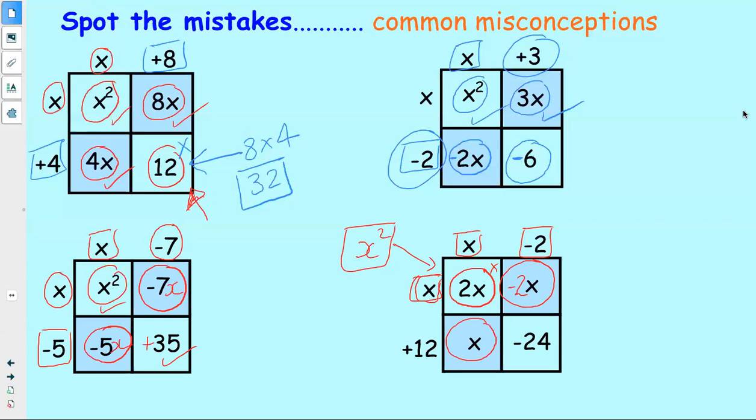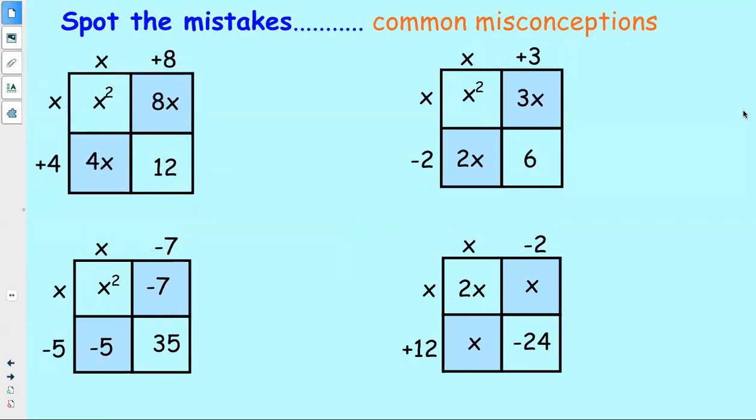This one should have been 12 multiplied by x, which is a positive 12x, and your 24 is correct. So please just be careful when you're doing this. It's very, very easy to make a simple mistake. Okay, let's move on to the next one.